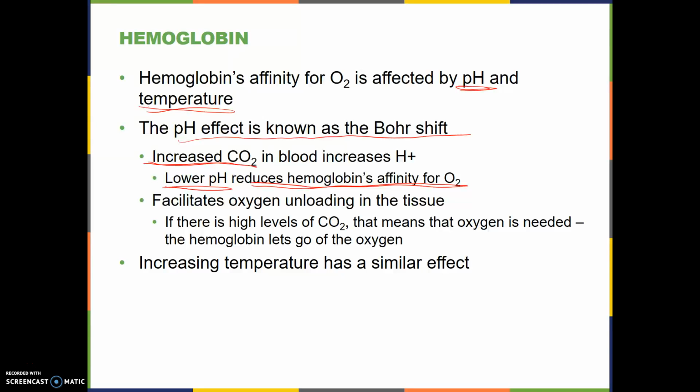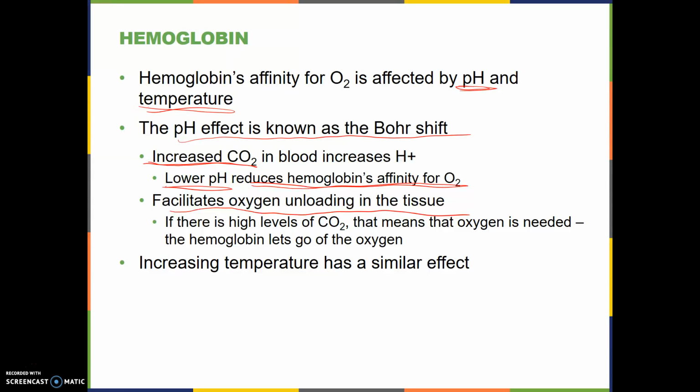And that's a good thing because that causes hemoglobin to unload the oxygen into the tissue. So what that actually means is if the levels of CO2 are high, then we need oxygen because oxygen is low. So the hemoglobin lets go of the oxygen.